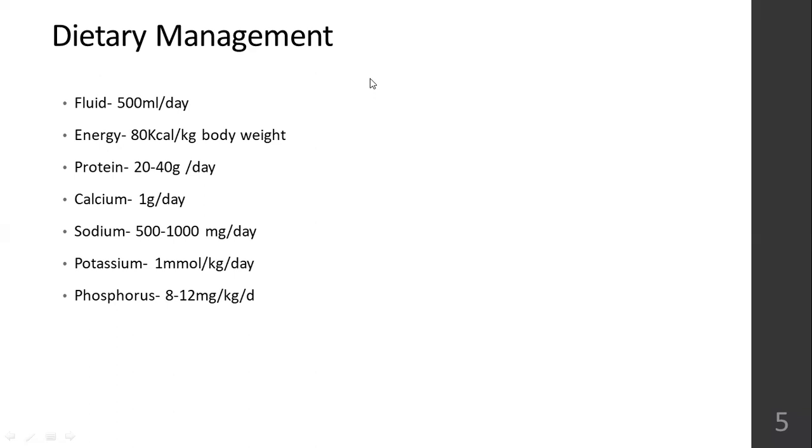So here you can see the protein intake is already on the lower side because there is proteinuria. To manage that, you will not bombard the patient with a lot of protein.